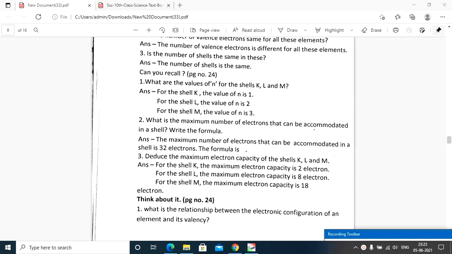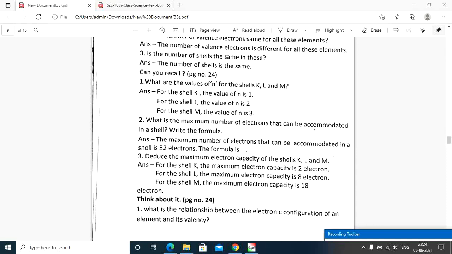So what is valency? Valency is the combining capacity of an element, and it is determined by the number of valence electrons present in the outermost shell. If the outermost shell has 3 electrons, the valency is 3, because the element is going to donate its 3 electrons.